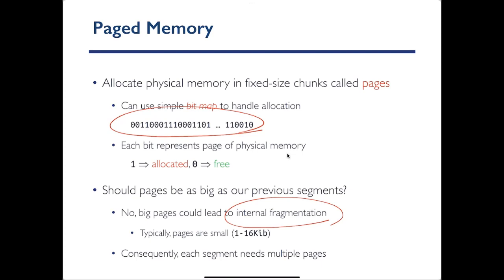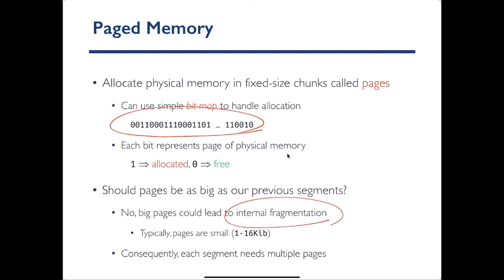Now, this means that when you're allocating more memory, it could well be the case that what you're allocating is not needed by the processes that you're allocating this memory to. So this could cause internal fragmentation, where you have allocated a memory, so you cannot reallocate it to someone else, but the one that got this memory really doesn't need all of it.